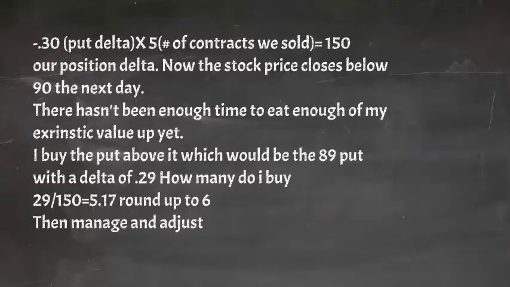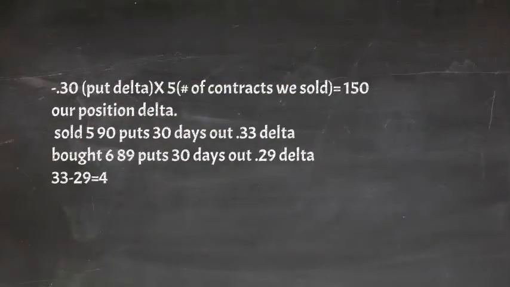So our original contract was a negative 0.30 put. We have 5 90 puts that we sold 30 days out at 0.33 delta. We bought 6 89 puts 30 days out with a 0.29 delta.